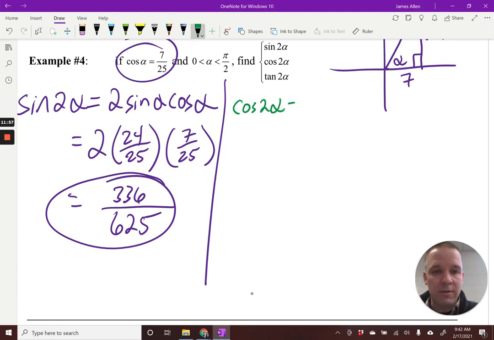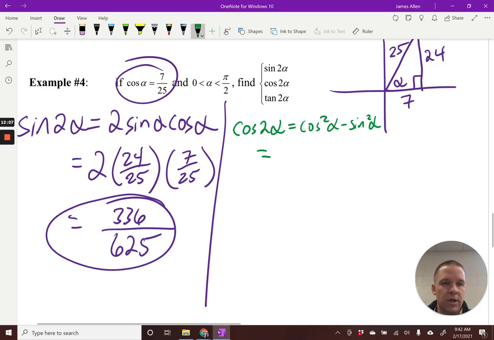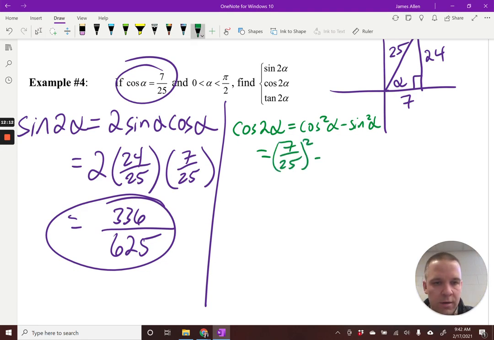So I'm going to write that out, and I would have cosine squared alpha minus sine squared alpha, and now I can just go ahead and substitute in. So I've got 7 over 25 squared minus, and that was 24 over 25 for sine, and that's squared. Cool.